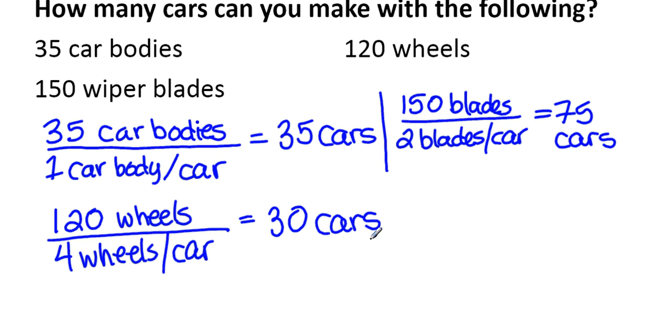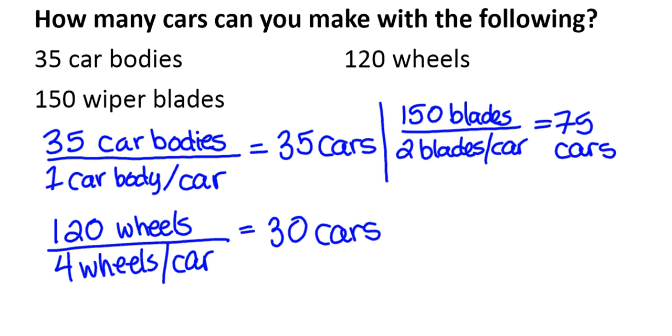Okay, so looking at this and answering our question, how many cars can you make with the following? You can make only 30 cars. Once you use up all of the wheels, you'll have 30 cars made. You can definitely make 30 cars out of the car bodies available and definitely 30 out of the blades, but you'll have some blades and some car bodies left over.